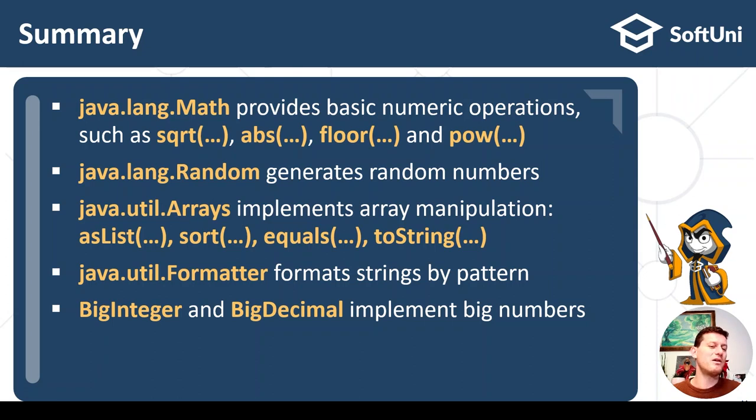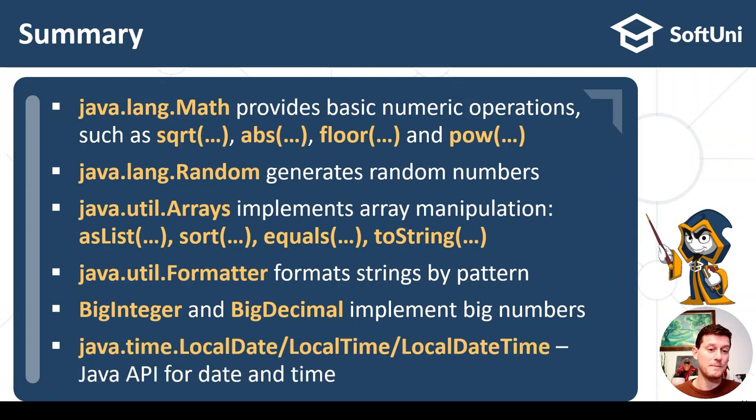BigDecimal works very well for money and financial calculations because the normal double works incorrectly in some situations. Both these classes are slower than the built-in int, double, and long types because those are hardware implemented, and these are software implemented, which is slower.